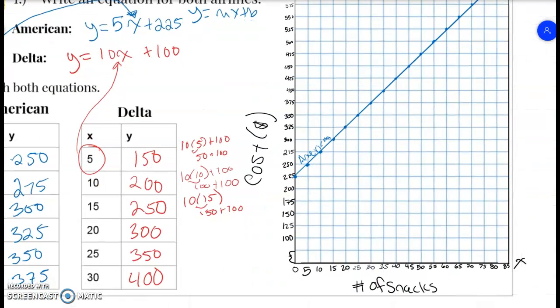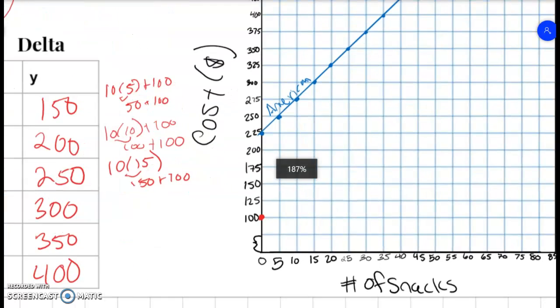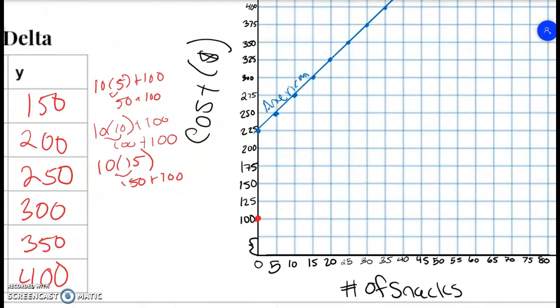I'll just rename it. So for my Delta graph, we start at $100 because that's where it says my cost of my ticket is. So I'm going to start on the y-axis at 100. And at 5 snacks, I have to pay $150. And so at my 5 snacks, I'm going to go up to 150. At 10 snacks, I'm going to owe 200.